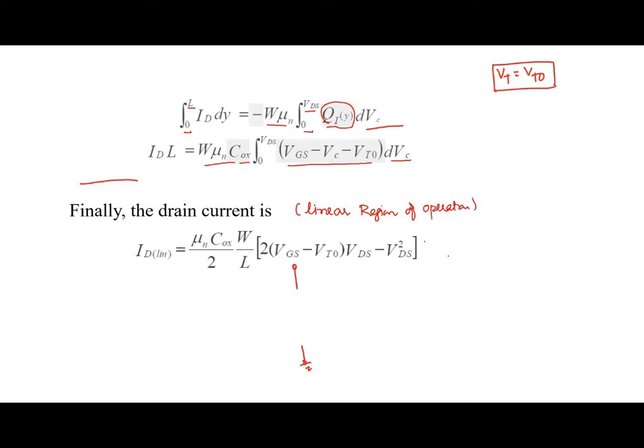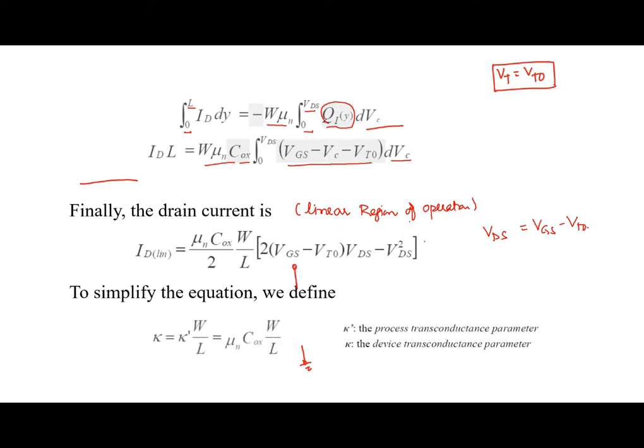Now when you are using your device in saturation, then VDS needs to be replaced by VGS minus VT naught. So you substitute here. This was already discussed with you, that this entire thing is being replaced by K dash or this.